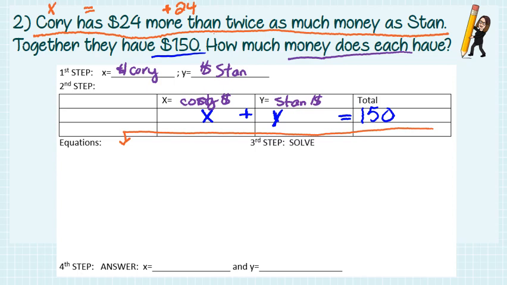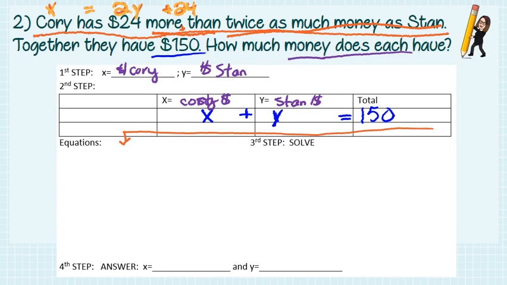But it's 24 more than twice as much money as Stan. If I take Stan's total, which is unknown, and I double it. Okay, let me read through this again. Cory X has equals 24 more than plus 24 twice the amount of money as Stan.